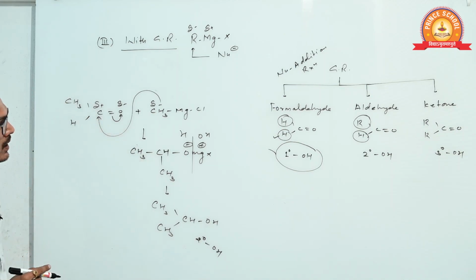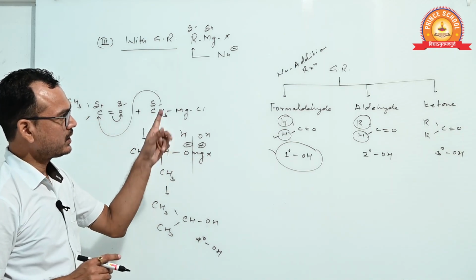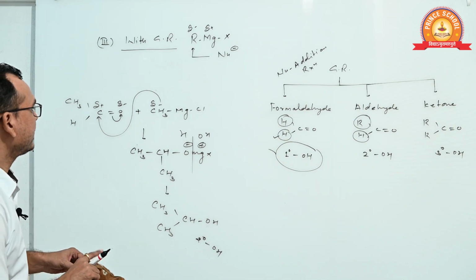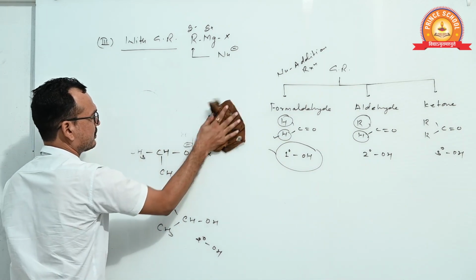Is that clear? And when ketone reacts with GR, it gives the 3 degree alcohol.